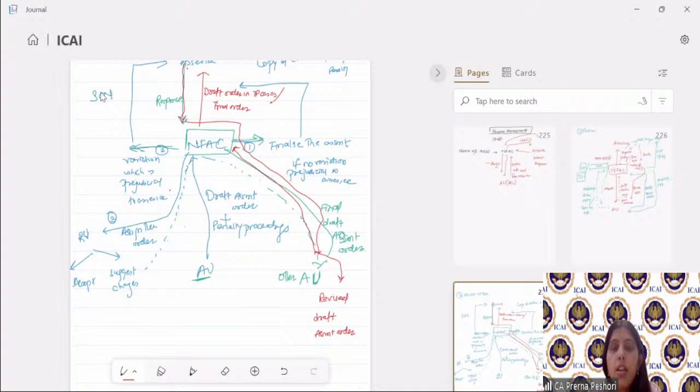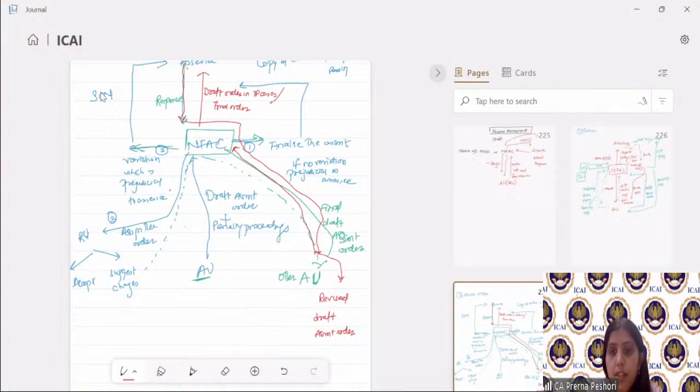Okay. Now, all this is faceless, right? All the information will be exchanged only through your income tax portal and through emails. The copies of notices and orders will be given to you through your account on the income tax portal and on your email address.